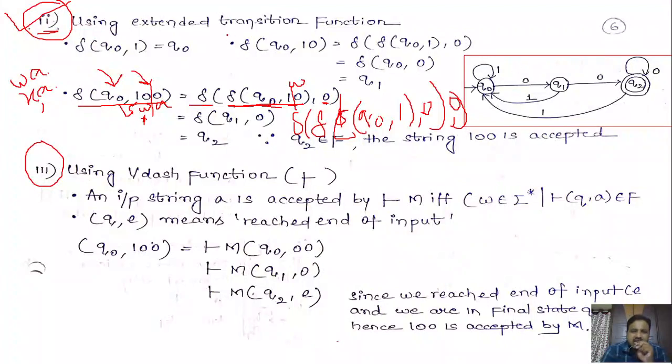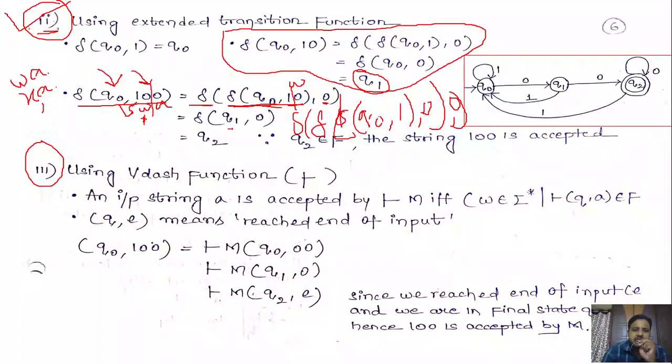For convenience, I have already calculated delta of q naught comma 10, which gives q1. So substitute that value, q1. The remaining input is 0, so delta of q1 comma 0.